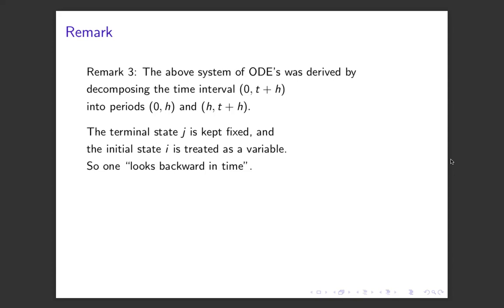You know, in many ODEs, you have seen that if you know the value of the solution of the differential equation at one point, you can construct it like that. So naturally, the question is, instead of backward, why not forward? Which means here you take 0 to t and then t to t plus h.